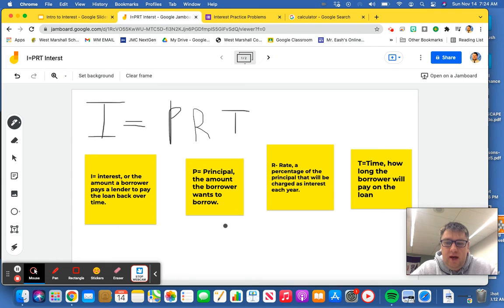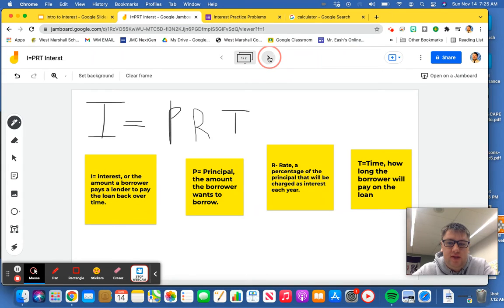And then time, how long the borrower gets to pay on that loan. Okay, so it may sound like, oh, I can make my payments lower based on like if I take 7 years to pay something off instead of 5 years, my payment might be lower, but I'm actually going to pay more in the long run in interest. So you got to make sure you're paying as much as you can to keep those loans low, or pay those loans off quicker and avoid paying more in interest.